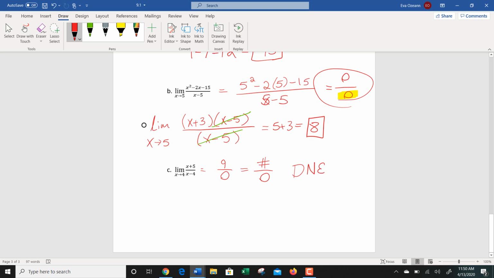What this is actually going to give you is some sort of asymptotic behavior. So what that means is if you were actually to draw a graph of this function, as you plug numbers in, it would either shoot down to -infinity or it would shoot up to +infinity. So you'd have a vertical asymptote.